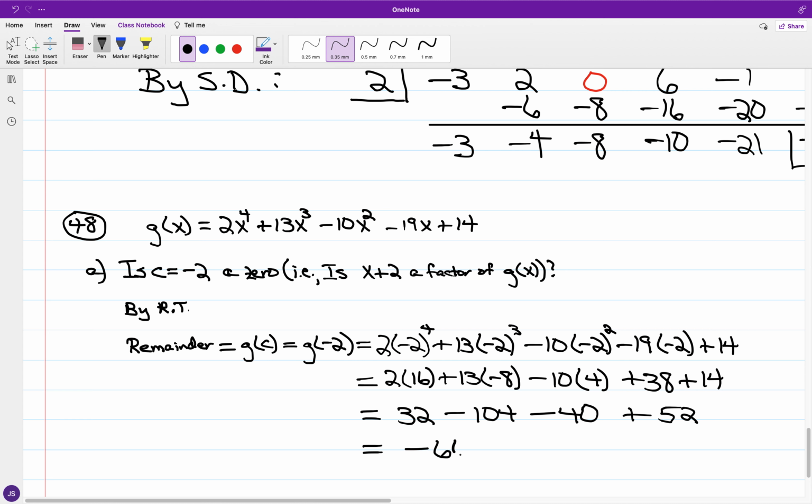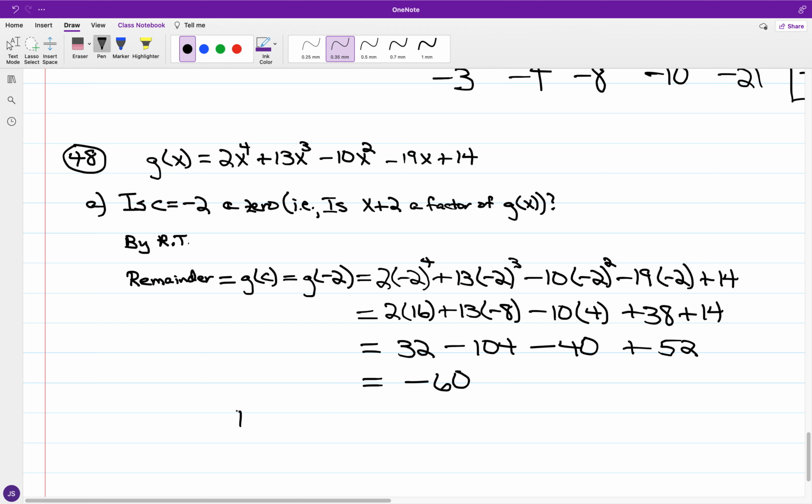Okay, and so for the remainder, that is negative 60.